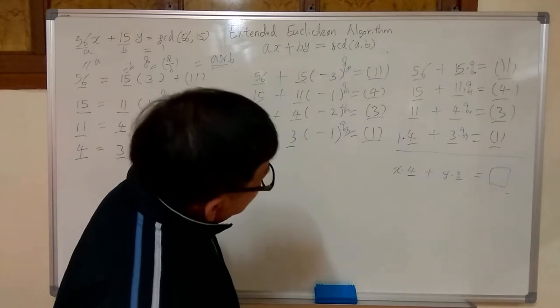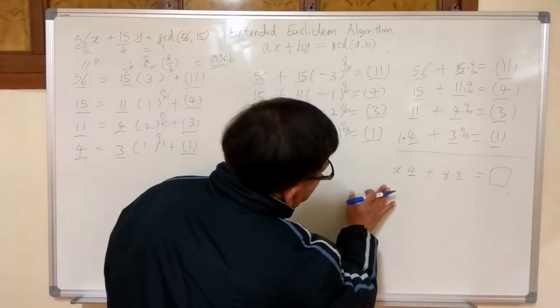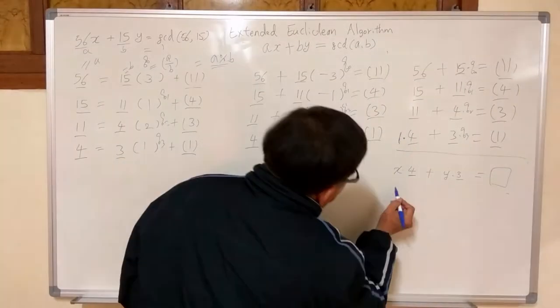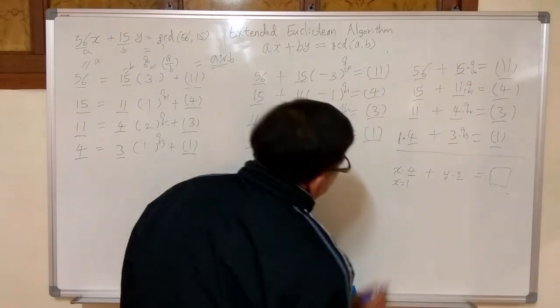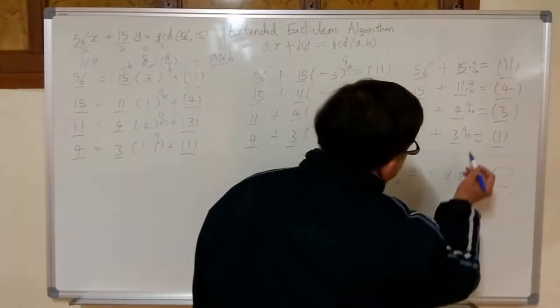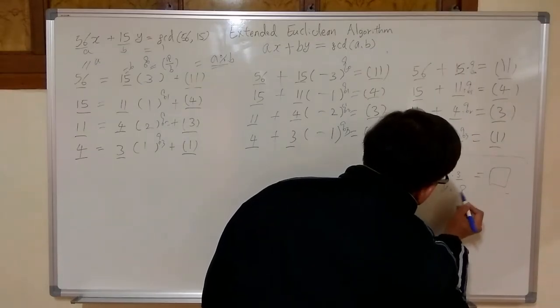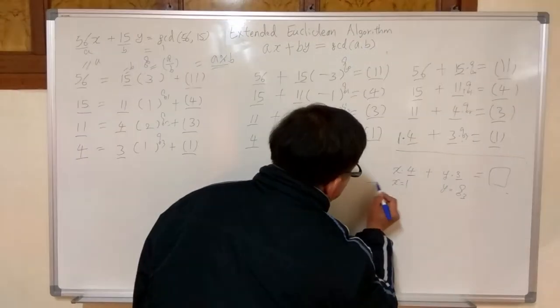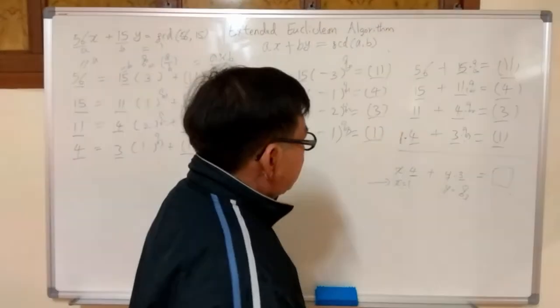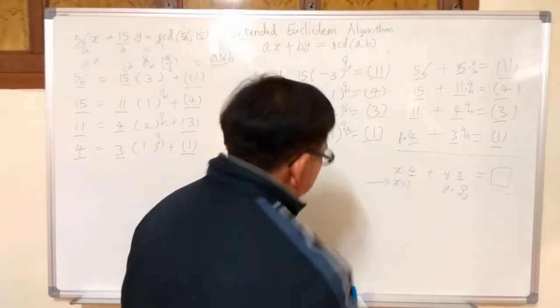So I will let it like this. This is the first step. Here, X is equal to 1, and Y is Q3. This is the first equation, for example.